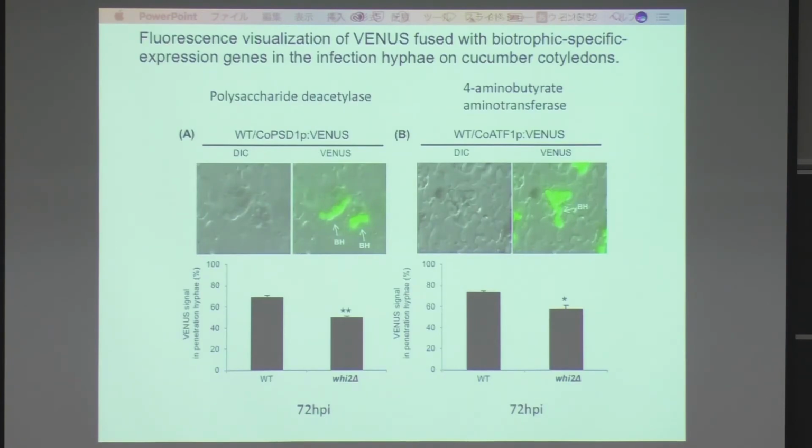Furthermore, the biotrophy stage was evaluated by fluorescence visualization of Venus fused with biotrophic-specific expression genes in infection hyphae. The fluorescence of the polysaccharide deacetylase CoPSD1 promoter fused Venus was clearly detected in the biotrophic hyphae, and similarly, that of the 4-aminobutyrate aminotransferase fused Venus was clearly detected in the biotrophic phase.